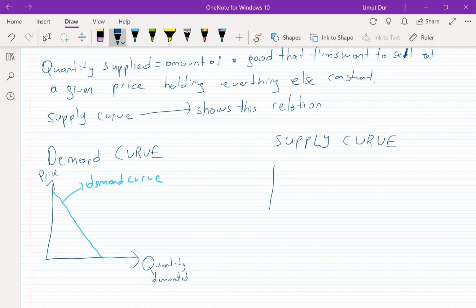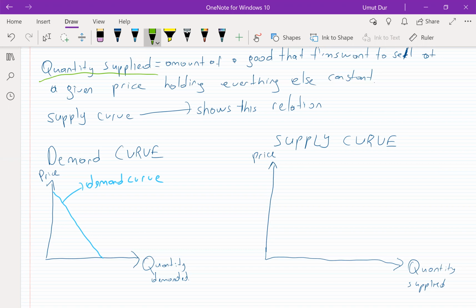And for the supply curve, we will have something just opposite. Again, this is quantity supplied, and this is price. If you look at the definition of the quantity supplied, we are looking for the quantity that the firm would like to supply at each level of the price.